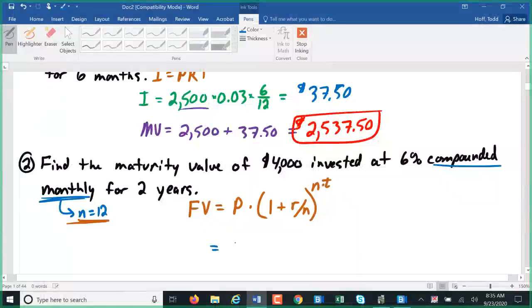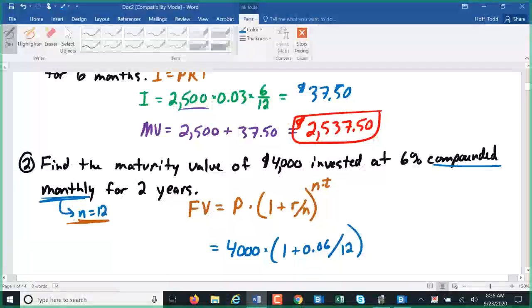So for this formula, the principal is $4,000 times 1 plus 6% as a rate is 0.06, divided by, since it's compounded monthly, it'll be divided by 12.